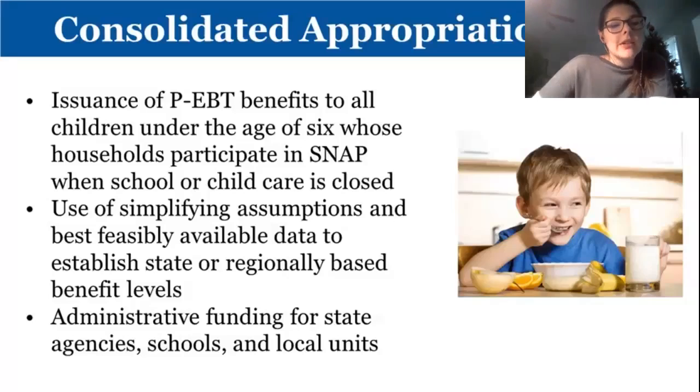The Act also allows states to utilize simplifying assumptions and best feasibly available data to determine a school or childcare facility status as opened, closed, or operating with a reduced number of days or hours, to establish state or regionally based benefits, including using state or local public health ordinances, to identify eligible children, and to determine eligibility periods. These flexibilities can be used to provide benefits to school-age and young children.